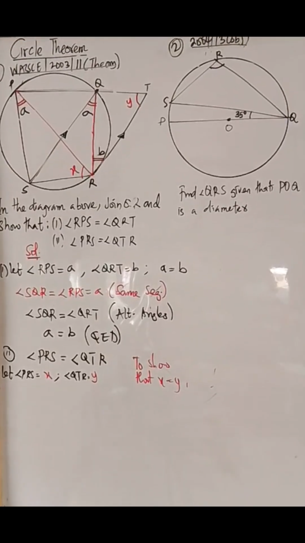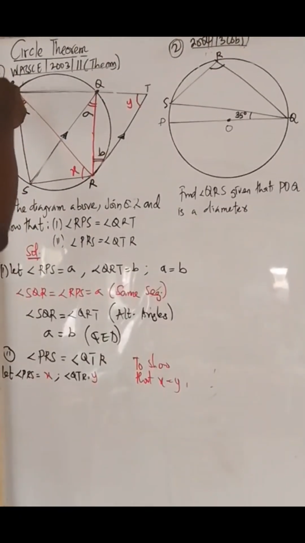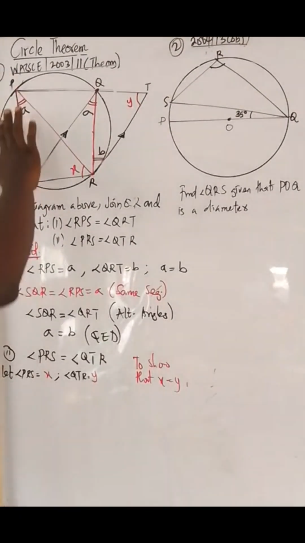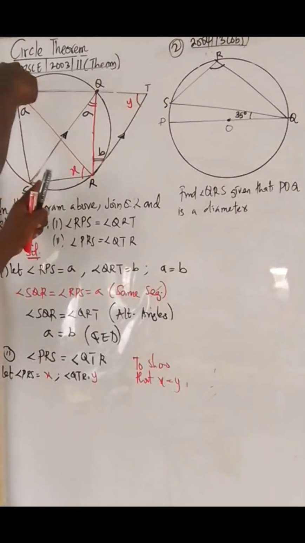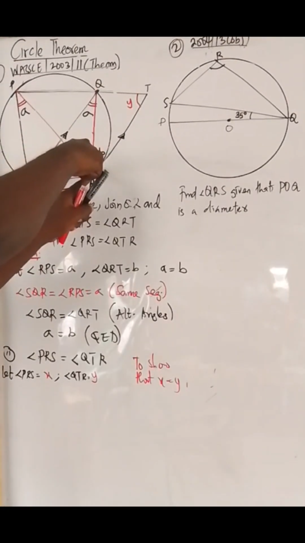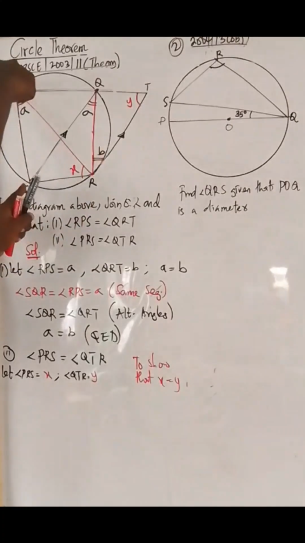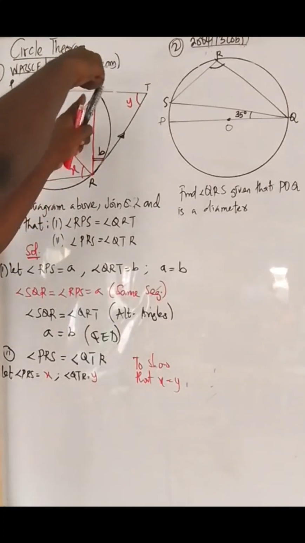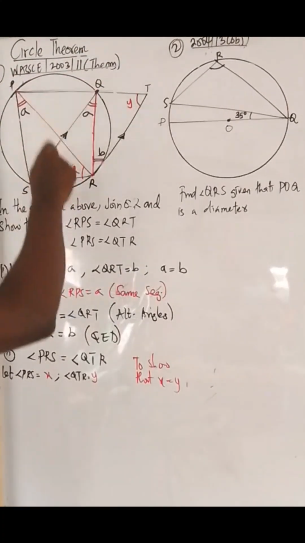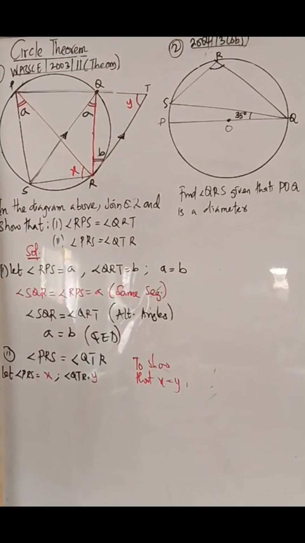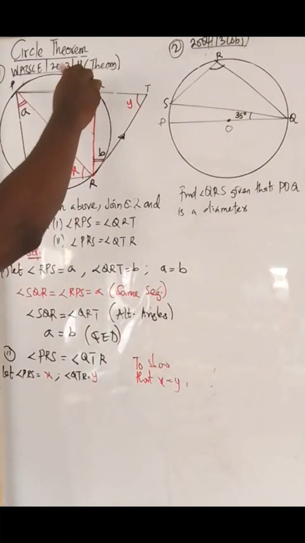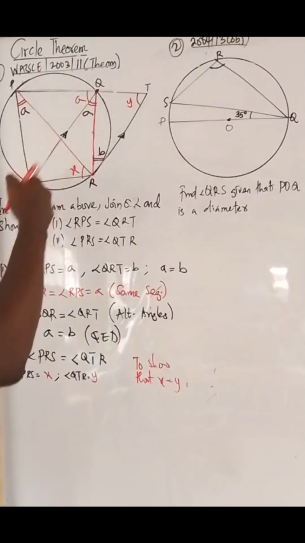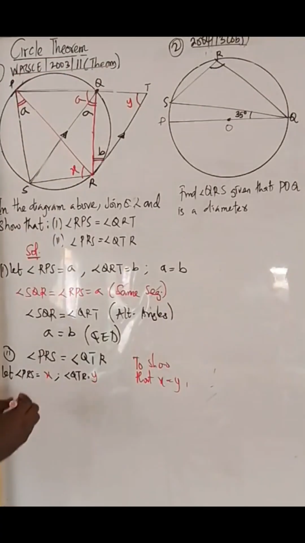Now, if we notice, this segment PS forms this angle X, angle PRS, and this same PS forms this angle here. So these two angles are the same. Let's call this angle A, which is angle PQS.